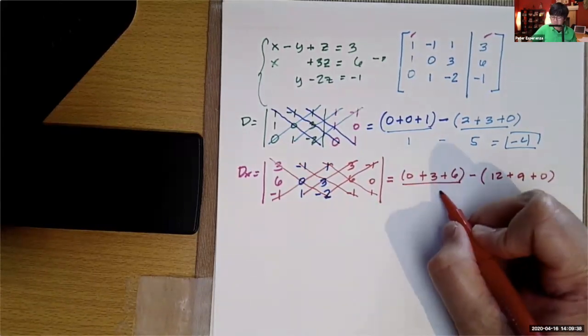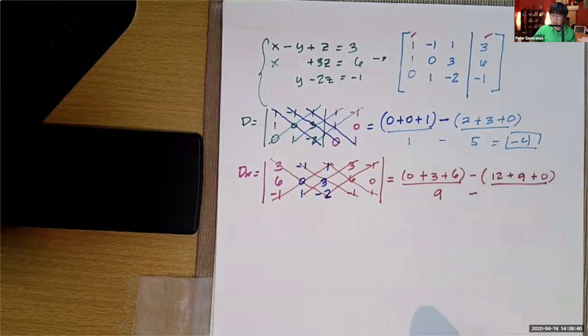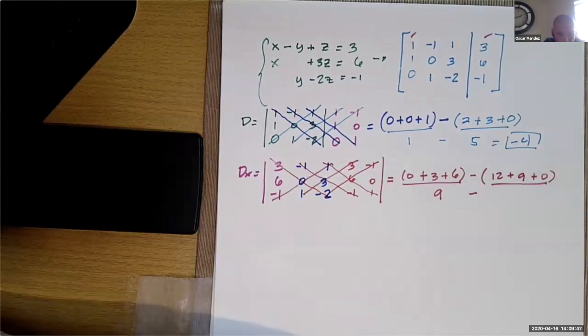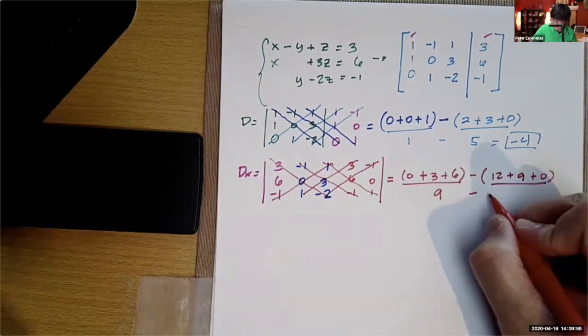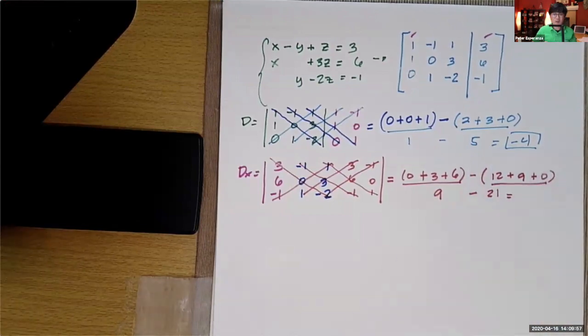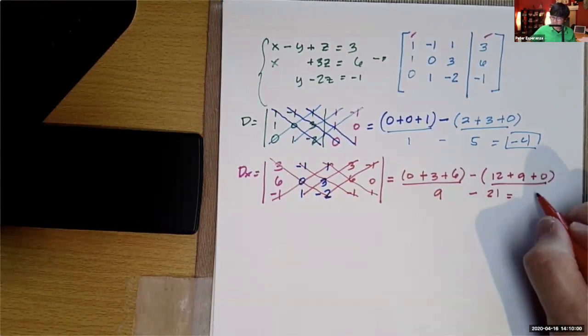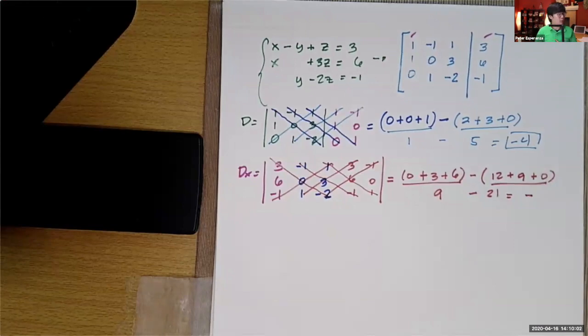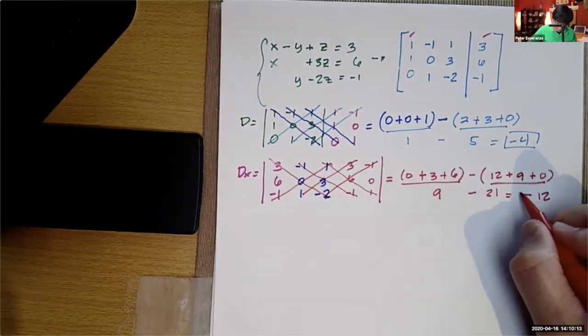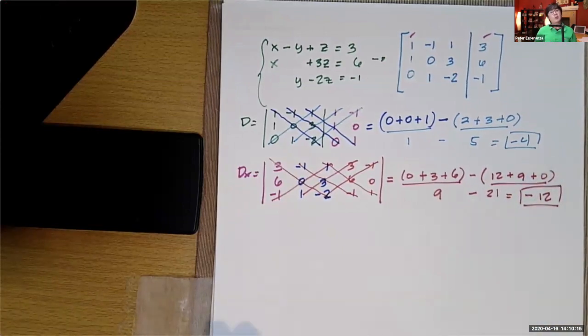This 9 minus that. What's 12 plus 9? 21. All right. What's 9 minus 21? I know it's negative, but what is the answer? Okay. How many determinants do we still need? 2 more. All right, let's continue.